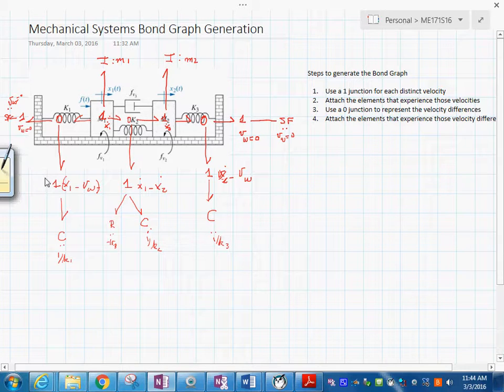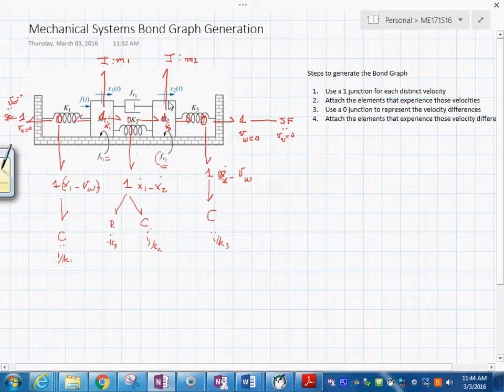So that friction is over here, see, because this is the reference 0. So this would be an R element with value fb sub 2, and on this other one would be an R element with value fb sub 1.